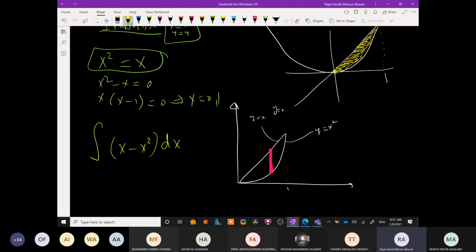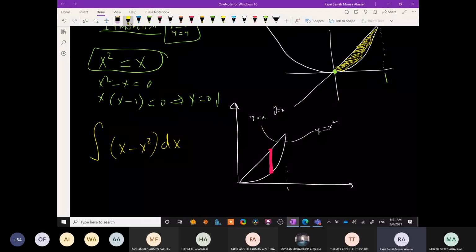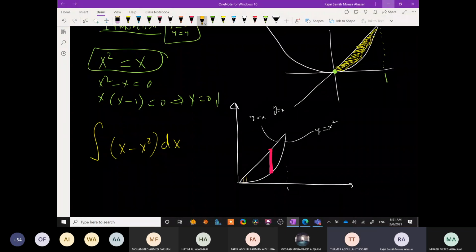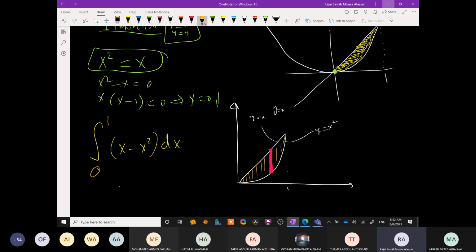And then I have to run all these rectangles from where to where? From 0 to 1. Okay, let's see these rectangles. You see these rectangles? They go from 0 until 1. All right, so this is x squared over 2. I'm not going to do the integrals, but this is, you know, straightforward.